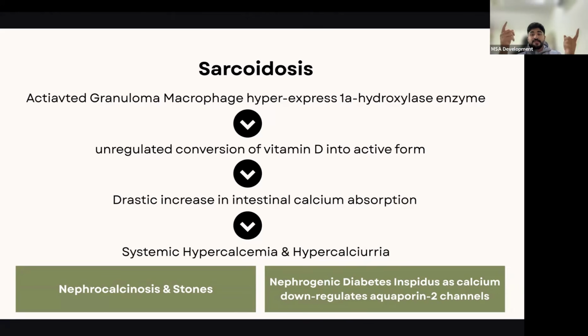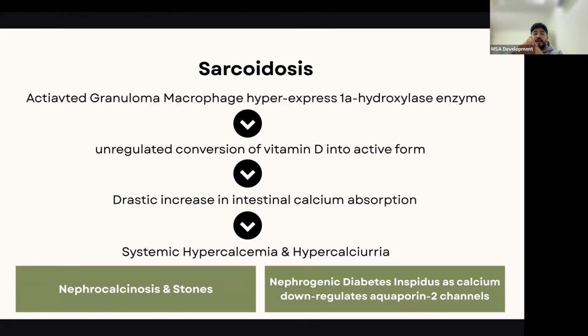This converts vitamin D into the active form of vitamin D, which is 1,25-OH vitamin D. This is going to increase your calcium absorption and cause severe hypercalcemia in your blood, and you're going to have hypercalciuria also.